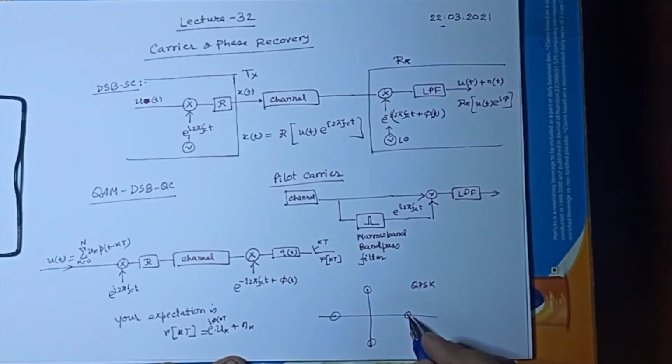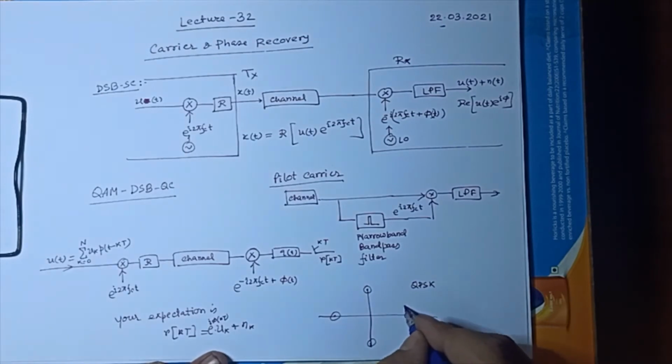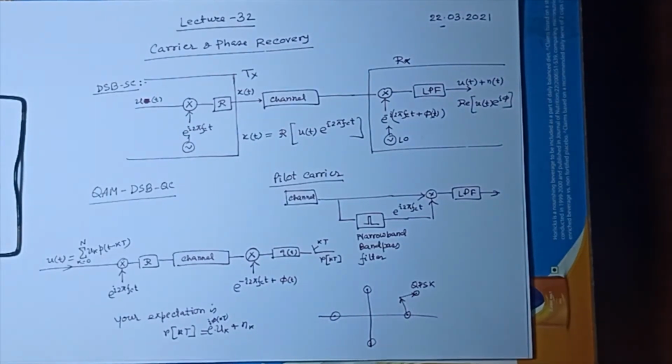Suppose this signal has been sent. Now you are receiving it, but it is having some rotation with this, that is e to the power i phi(kT). So suppose phi(kT) is positive, so it will have some rotation. And then you are adding the noise. So noise is suppose like this. So you get something like this. This is what you are receiving.